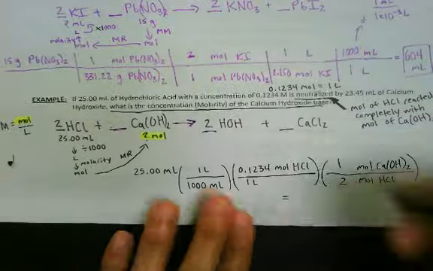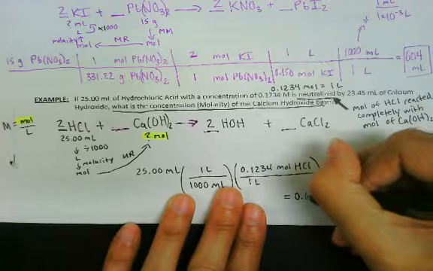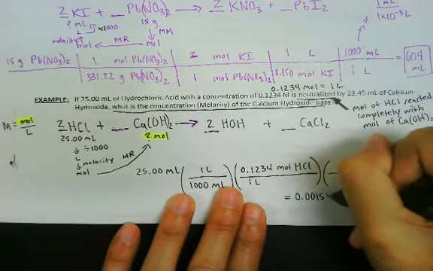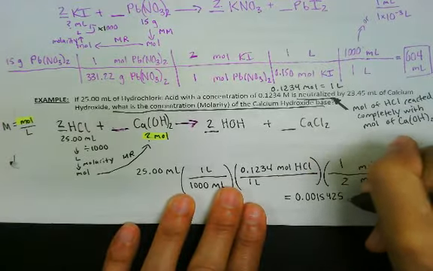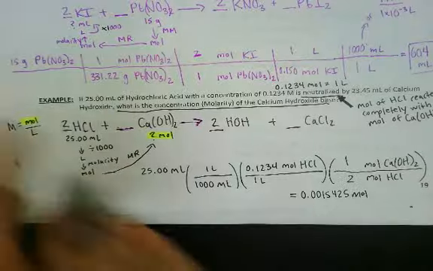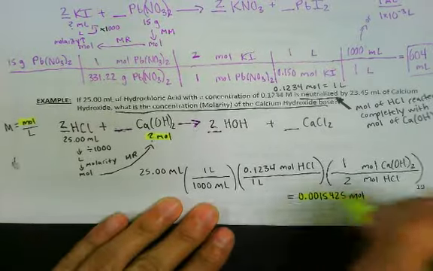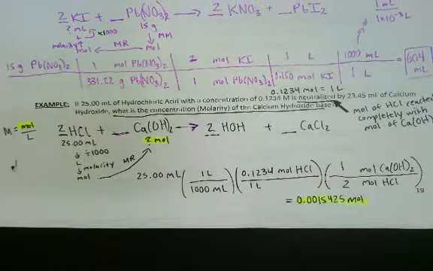You should have gotten a very, very small number like 0.0015425 moles here. Okay, this is what you go and plug in over here.